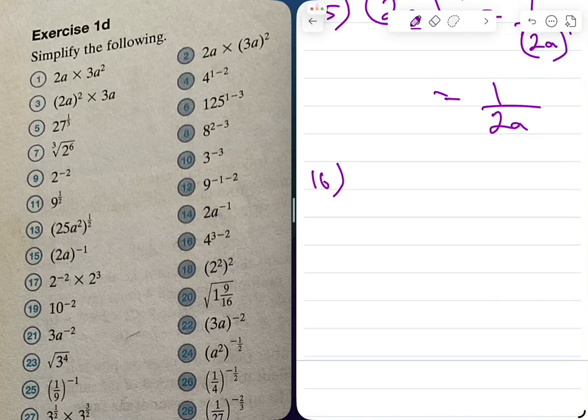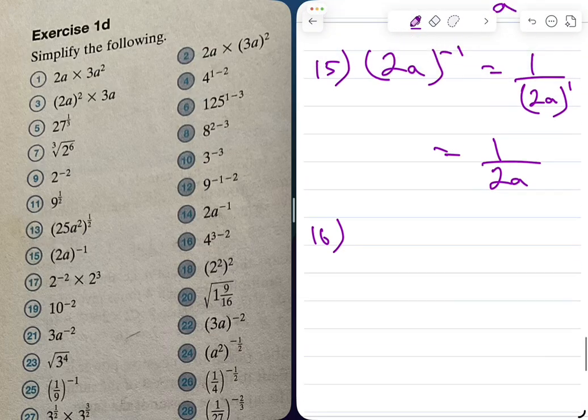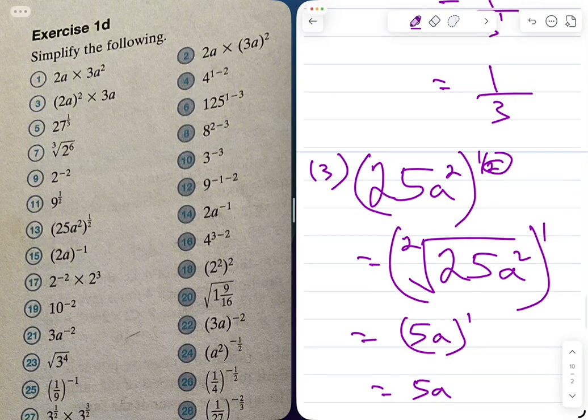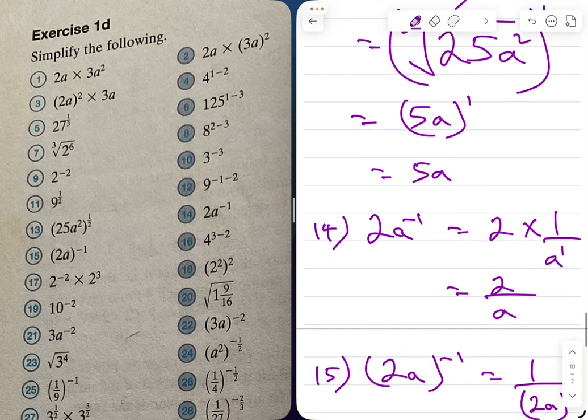Number 16. I think I'm skipping some numbers. 13 is 25a squared raised to power 1 over 2. 14 is 2a raised to power minus 1.